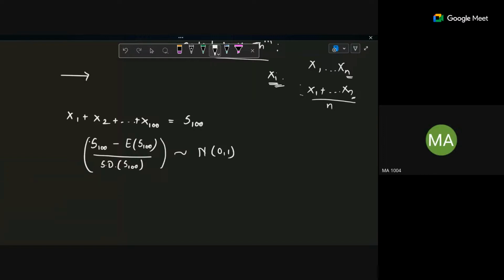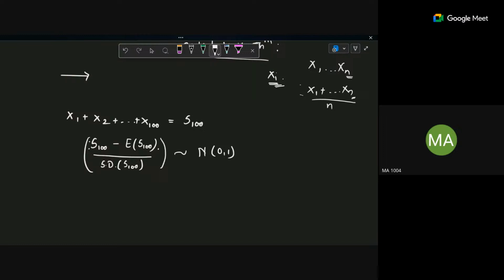Now understand here, once you do this your task is very simple, because you know how to calculate the expected value of S100 and also the standard deviation of S100, and then the question will be easy.